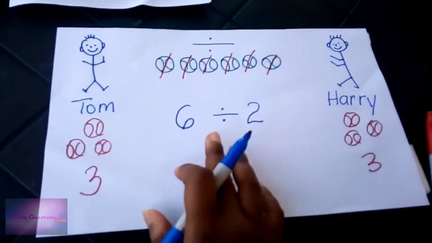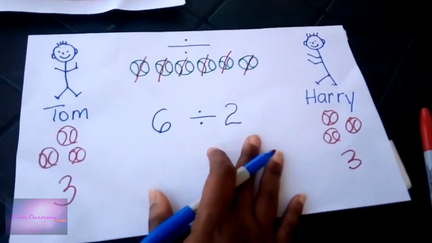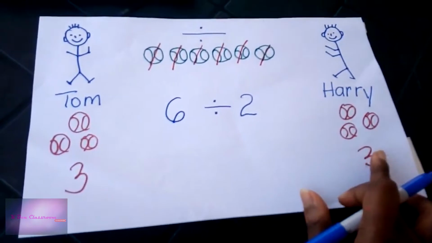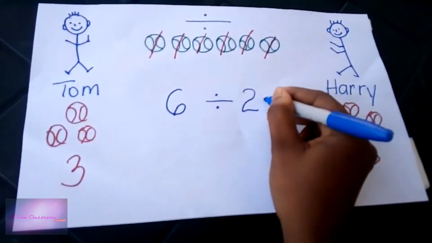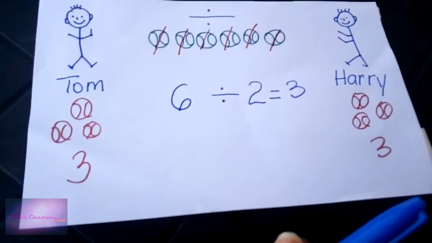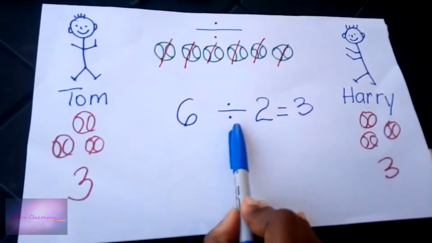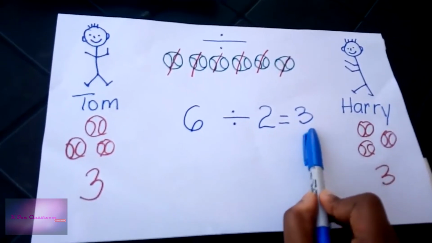Okay, now when we have shared our 6 balls for the 2 persons, each person will get 3, the same amount. So I'm going to write equal 3. So my number sentence is 6 divided by 2 equals 3.